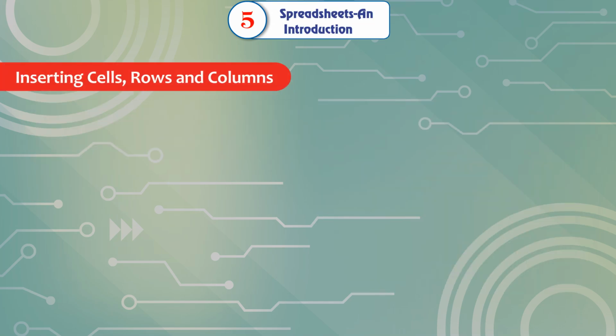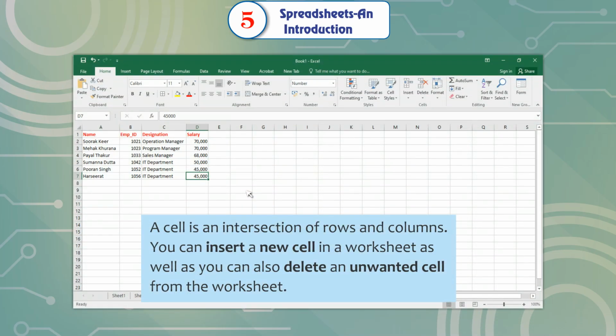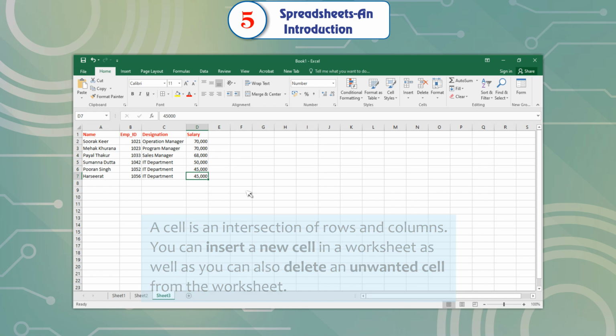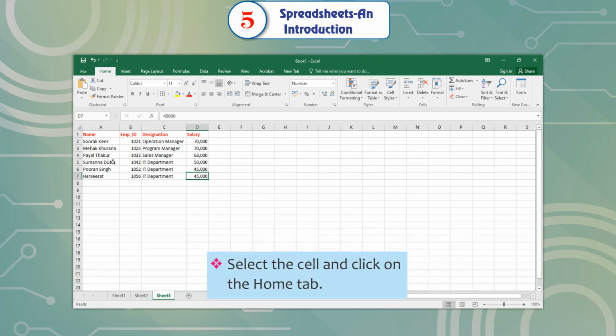Inserting cells, rows, and columns. Inserting a cell. A cell is an intersection of rows and columns. You can insert a new cell in a worksheet as well as you can also delete an unwanted cell from the worksheet. To insert new cells in a worksheet, select the cell and click on the Home tab.